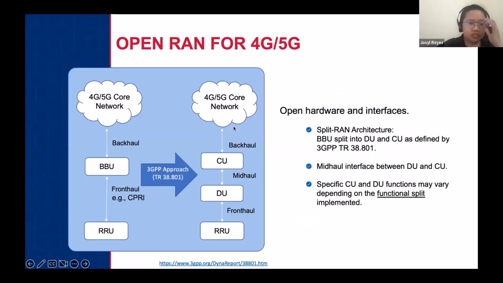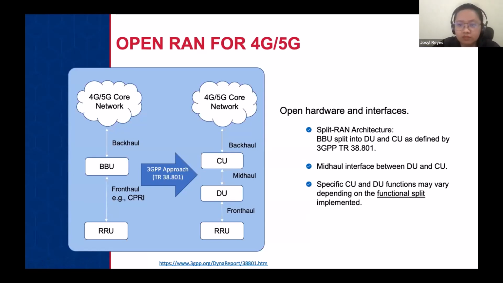So when we split the baseband unit into two parts, this is summarized in the 3GPP technical report 38.801. There is a split RAN architecture wherein the BBU is split into the centralized unit and the distributed unit. Because they are separated, they now have an interface. So to connect each other, we have the mid-haul interface.